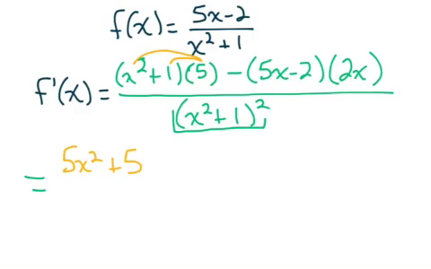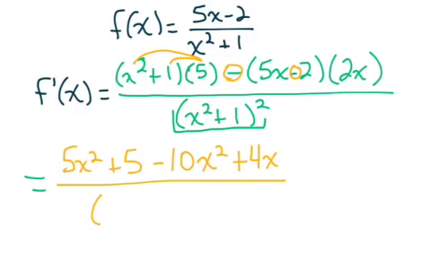We've got to distribute the minus, so we get minus 5x times 2x, which is going to be minus 10x squared. And then we get minus 2, so 2 negatives make the positive 2, times 2x is plus 4x. And finally, that's all over x squared plus 1 squared.